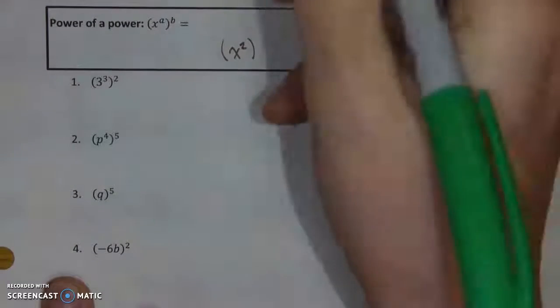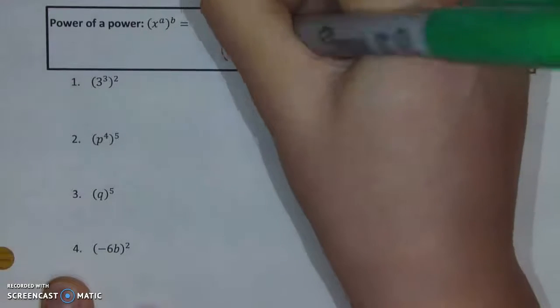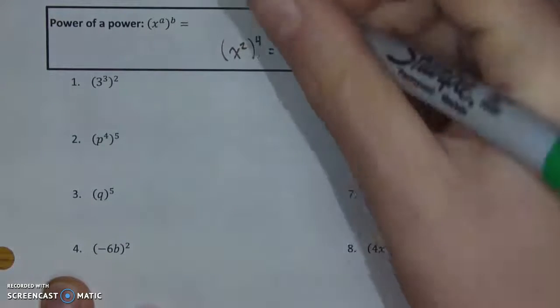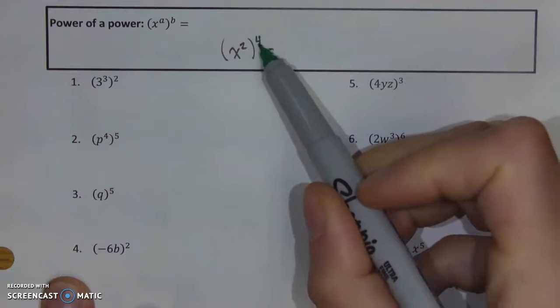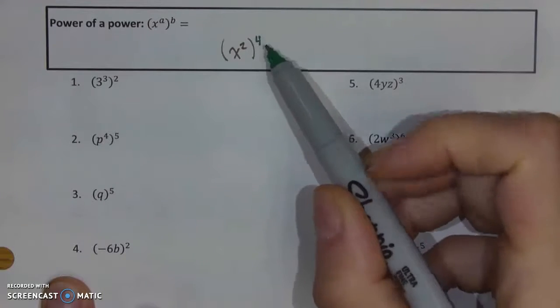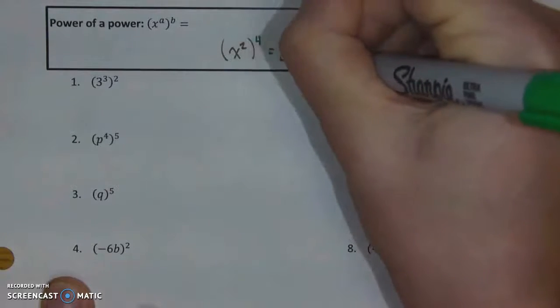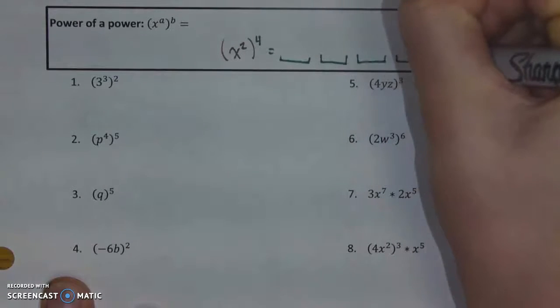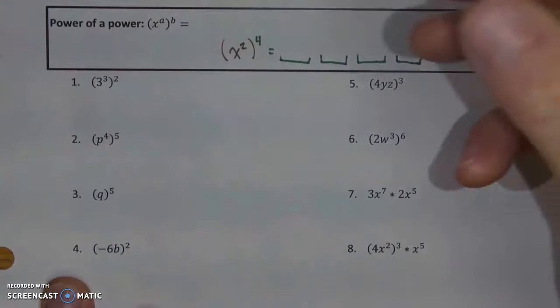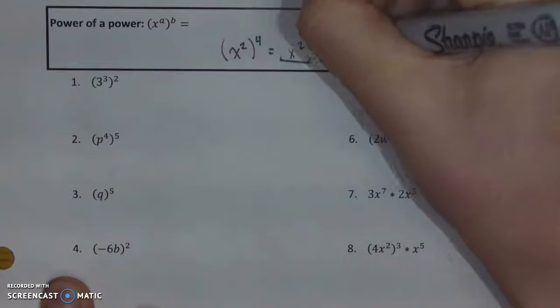Well, if we did this, think about it this way. You're saying that everything inside of here needs to be multiplied by itself 4 times. So I'm going to have 1, 2, 3, 4, right? And each one of these things is x squared.